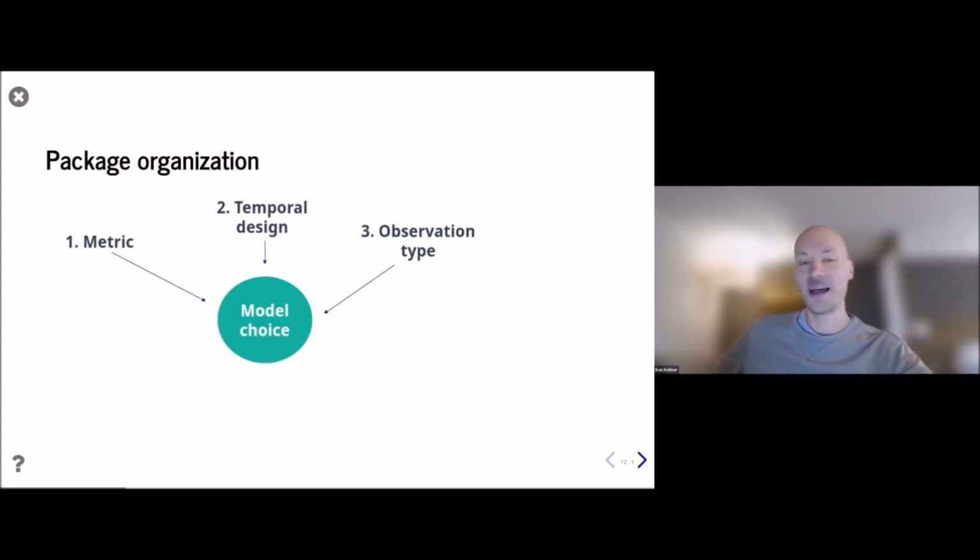Second is the temporal design, and I'll describe what I mean by that in a second. And third is the observation type. So do you have detection, non-detection data? Do you have count data, and so on? And I'll describe a few types that unmarked supports, again, in a couple slides. So the answers to these three questions will determine which model is the most appropriate.